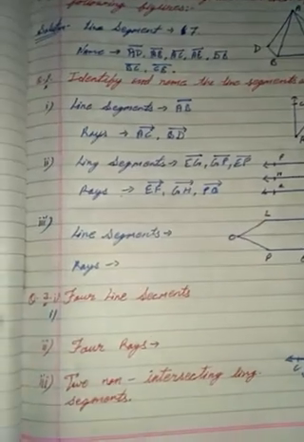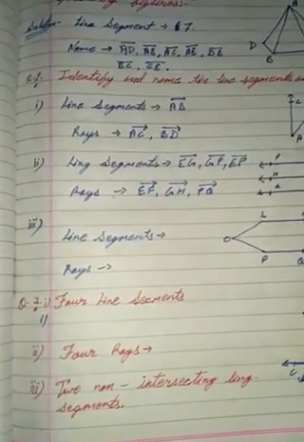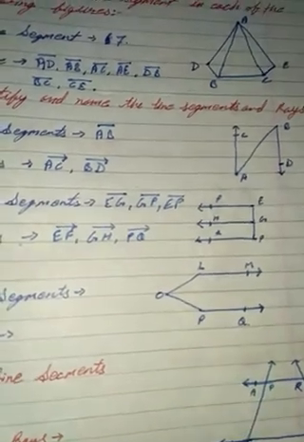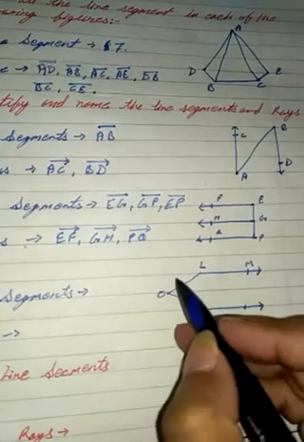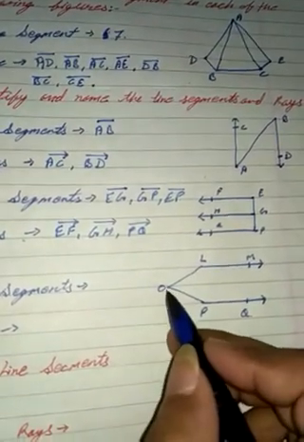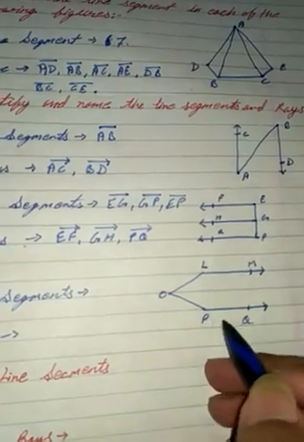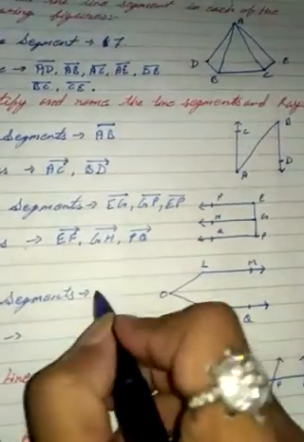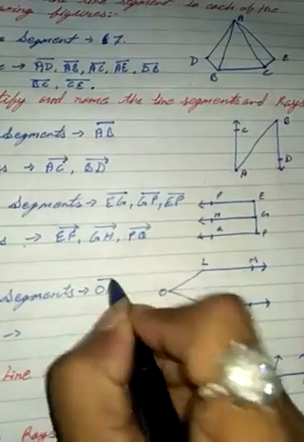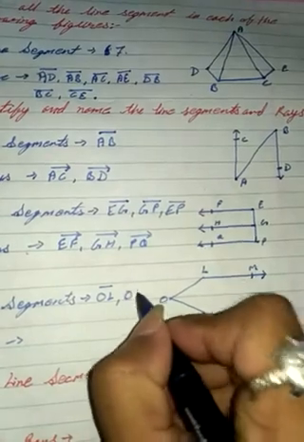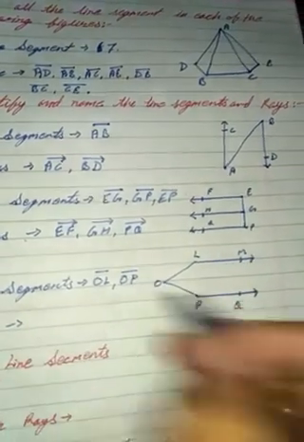Now we take part number third. This is the figure. Now how many line segments are there? First OL and second OP. Now is there any more? No. Line segments OL, put the line segment symbol, then OP.